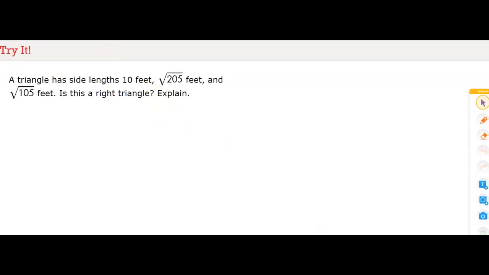A triangle has side lengths 10 feet, the square root of 205 feet, and the square root of 105 feet. Is this a right triangle? Explain. In this case, you would use the equation. Let me write it out. You have a squared plus b squared equals c squared.